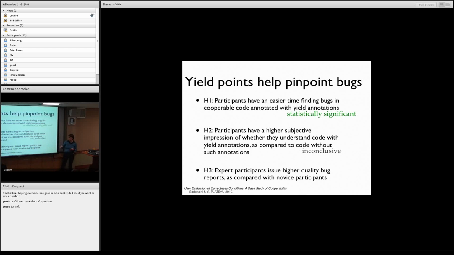There was no difference in terms of subjective impressions, or rather the difference was not statistically significant. And there was also no statistically significant difference for expert participants. This is something you see a lot, that subjective impressions are not necessarily correlated with what people do. And also, if you ask people if they're an expert, they might not know. They might not be able to tell you accurately. You really need to think about what an expert means for what you're doing.